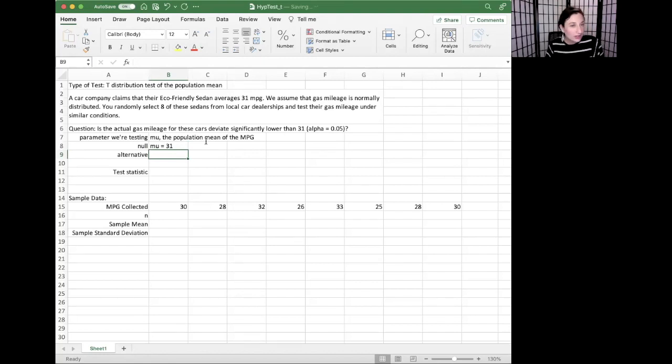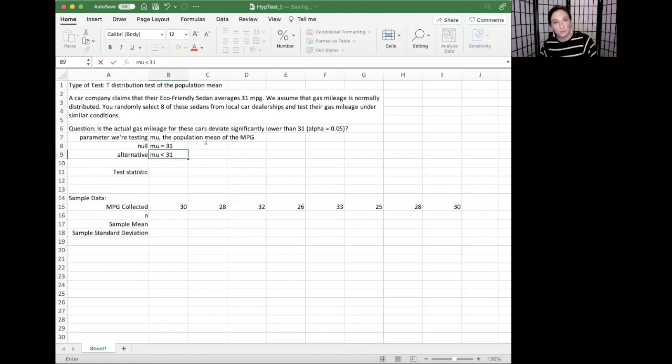Our alternative hypothesis, in this case, this company is claiming that they're eco-friendly, right? So we are interested in whether mu is less than 31, right? We don't care if mu is greater than 31 in this case, because if mu is greater than 31, then it's even more eco-friendly and we're happy, right?